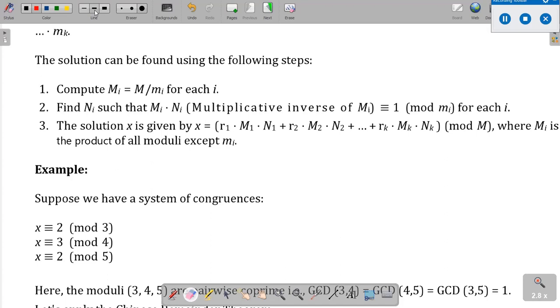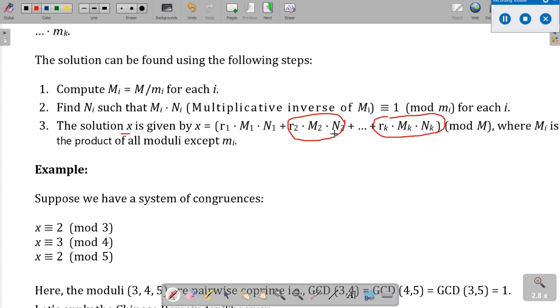Now to find the unknown number x, we use this formula, x equal to r1 dot m1 dot n1 plus r2 m2 n2, similarly plus up to last values rk dot mk dot nk, where dot represents the multiplication, rk multiplied by mk and mk multiplied by nk.